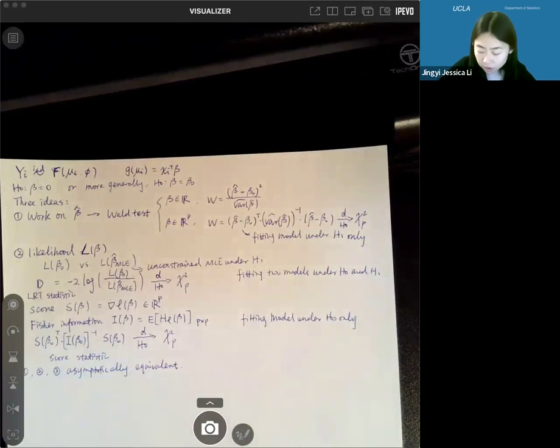And similar to the likelihood ratio, there is another thing we talked about and used in the homework, which is ANOVA, if you remember.